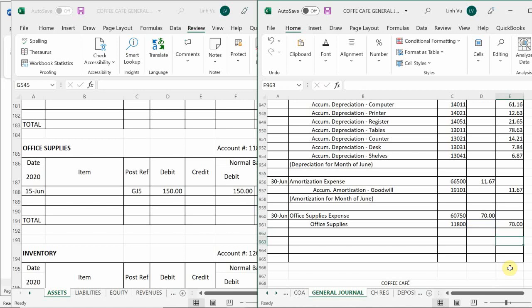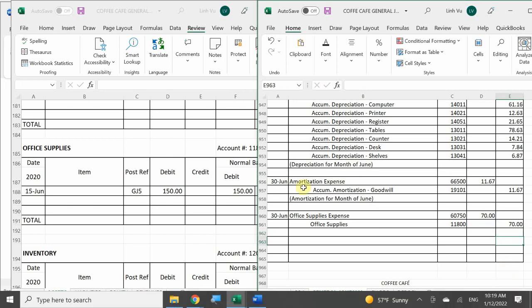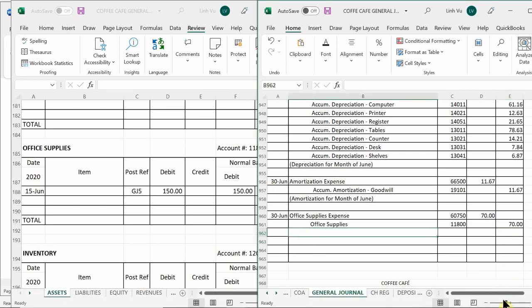Okay, $70. Okay, and of course, I'm going to make a little note here to say that I am adjusting supplies used in June. Okay.